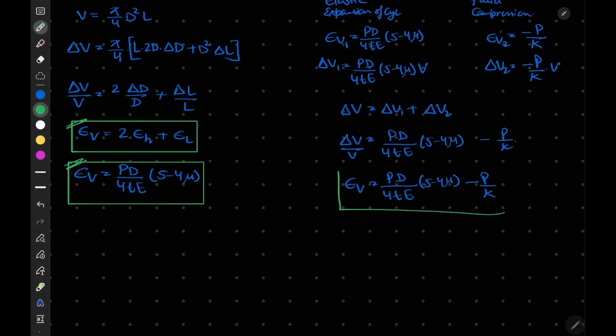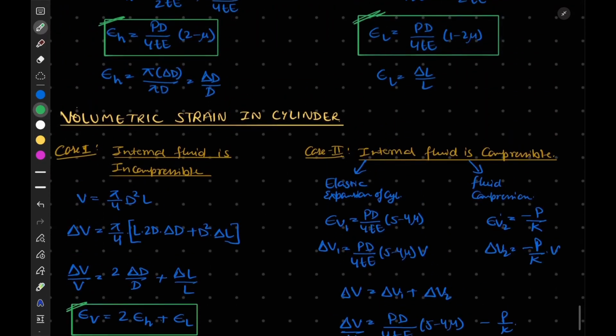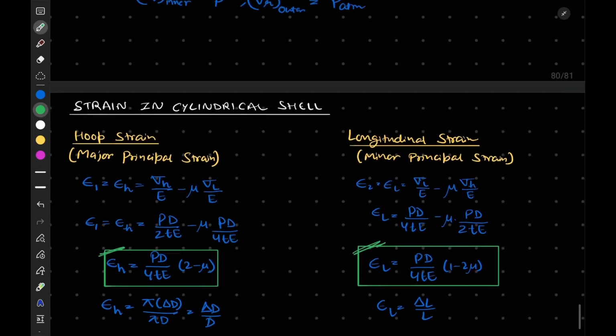Here K is your bulk modulus, and mu is your Poisson ratio. With this we have completed this part for your strain in cylindrical shell.